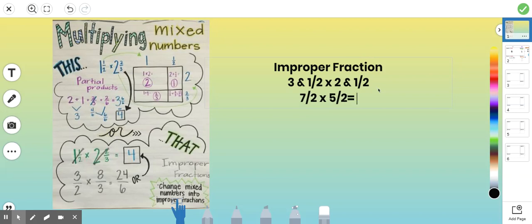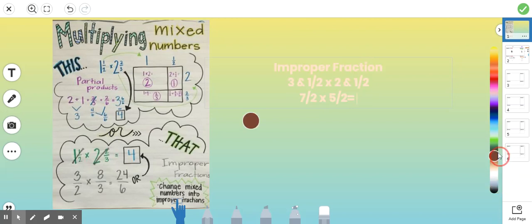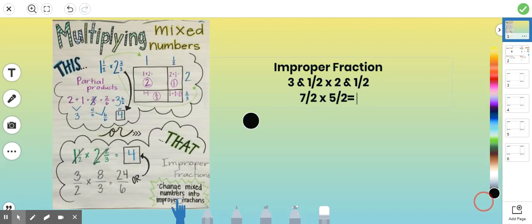And then remember, when we multiply with fractions, we do the numerator. I always forget to change it to my highlighter. We do the numerator times our numerator. 7 times 5, that's 35.